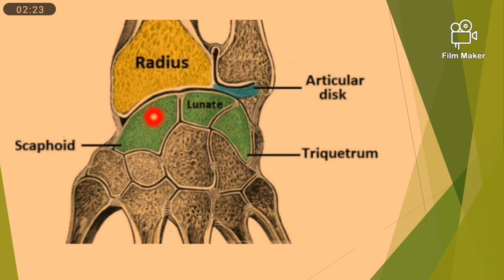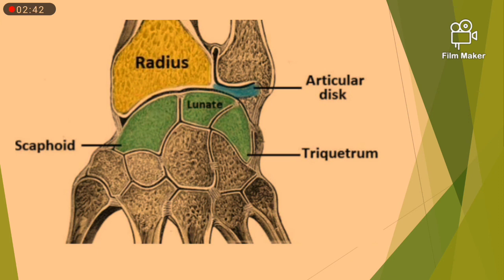Proximally you can see the radius with a concavity, and the scaphoid, lunate and triquetrum together form a convexity which has a transverse as well as an anteroposterior convexity.